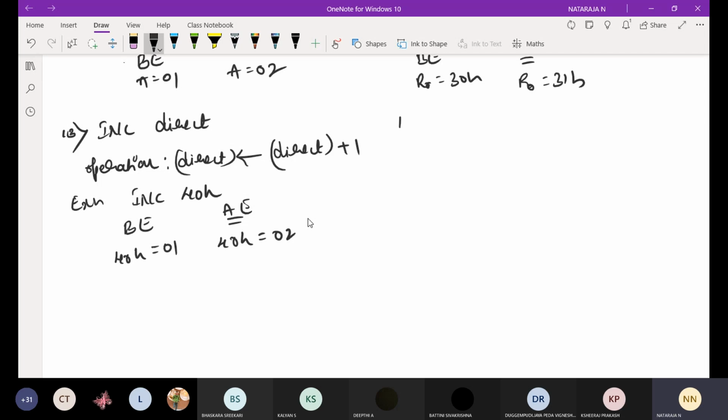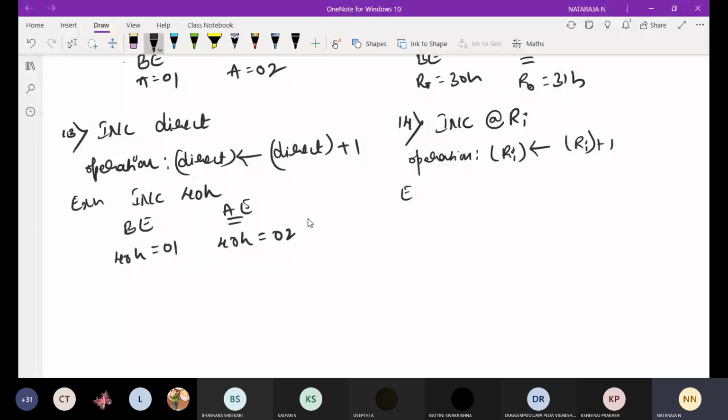Then the next instruction is increment at Ri. Ri may be R0 or R1. None of the flags is affected. In the operation, if I store the data in Ri, it will be Ri plus 1.